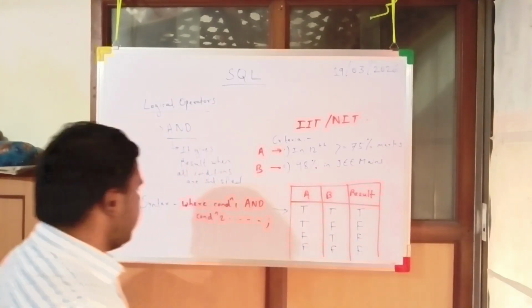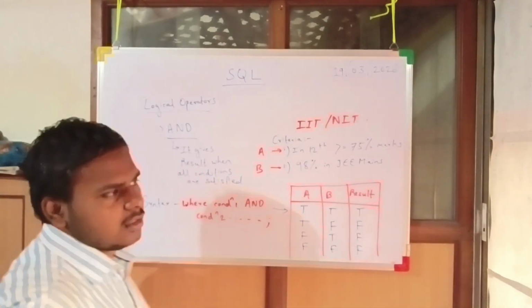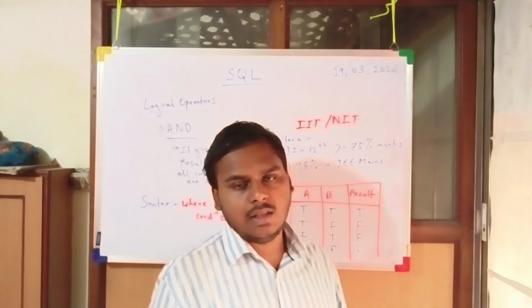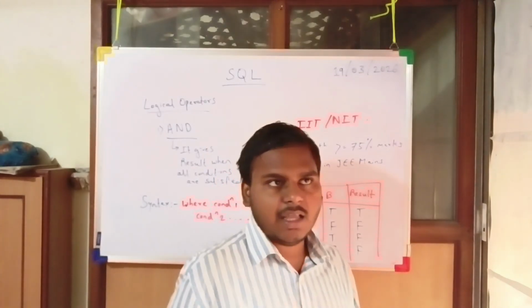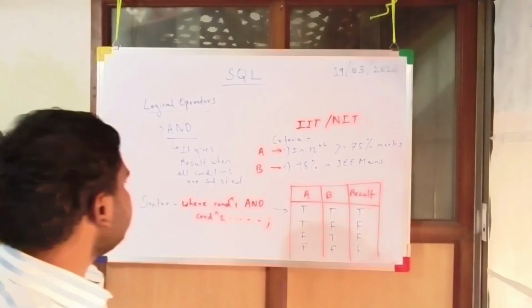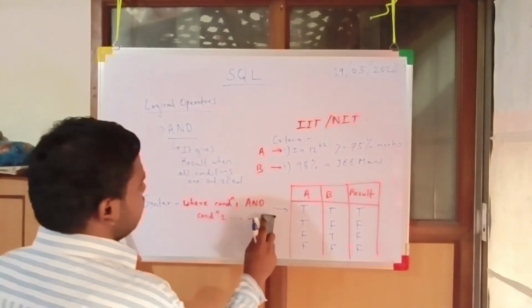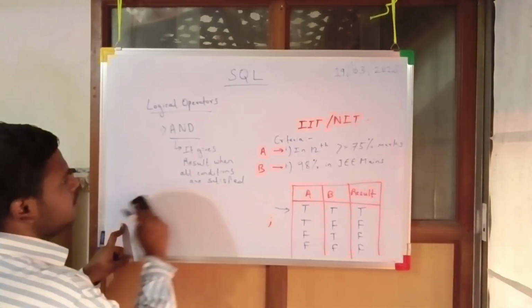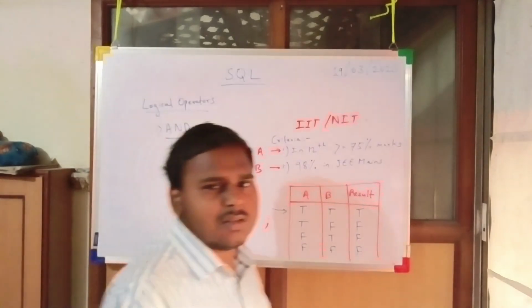For example, WHERE salary greater than 2000 AND department number equal to 10. We can write like this. I hope you have got an idea. Don't worry, we will see the queries also.